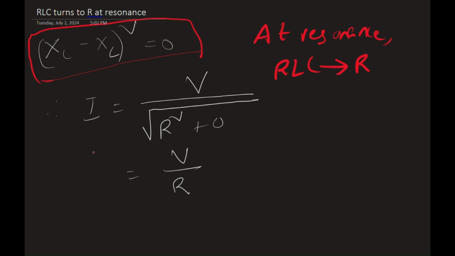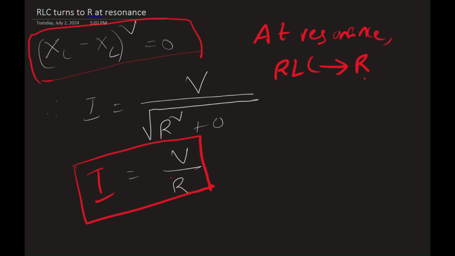That means our final Ohm's law for a circuit at resonance comes down to I is equal to V over R. Now, what does this mean? This means the RLC circuit, or the AC circuit that contains a capacitor and inductor, turns into a purely resistive circuit containing only the property of resistance. So at resonance, an RLC circuit turns into a purely resistive R circuit.